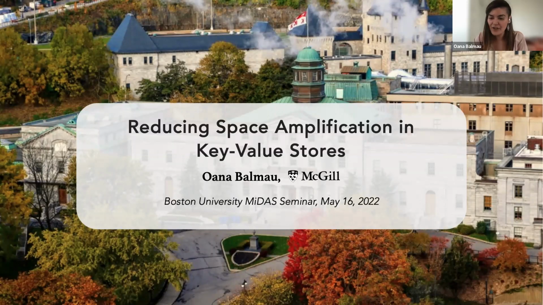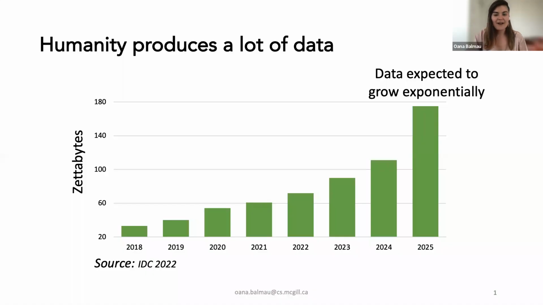So today I thought to tell you a bit about some of the more recent work on reducing space amplification in storage systems. So let's get started. So why would we care about space amplification?